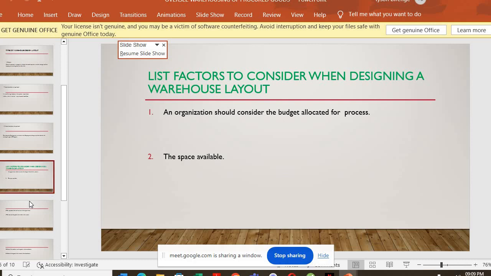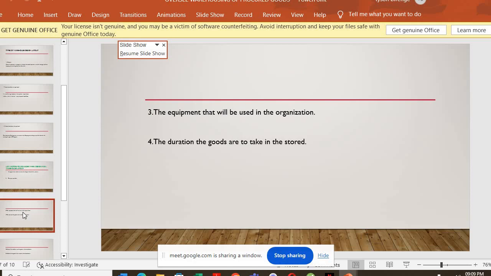Number two, we also make sure that the space available is considered. And number three, we ensure that we consider the equipment that will be used in that particular organization. We might have large equipment, we might have small equipment. So when you design a layout, you consider what equipment will be used inside this warehouse.